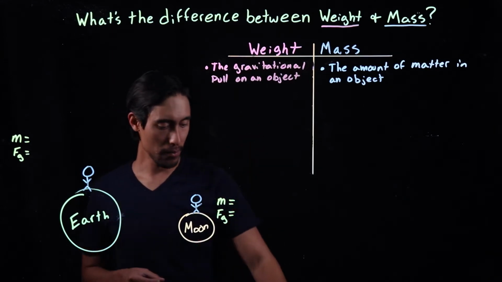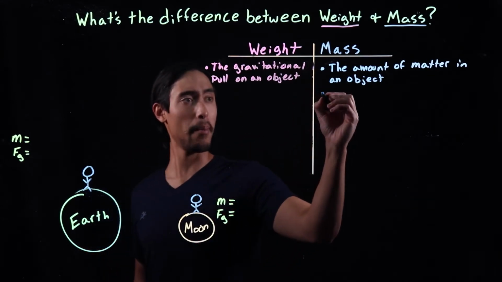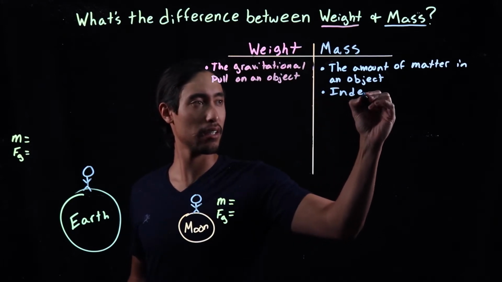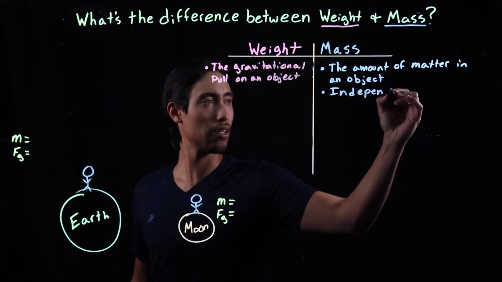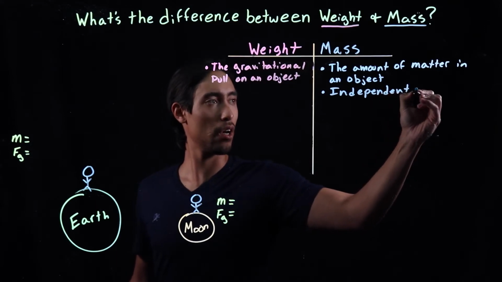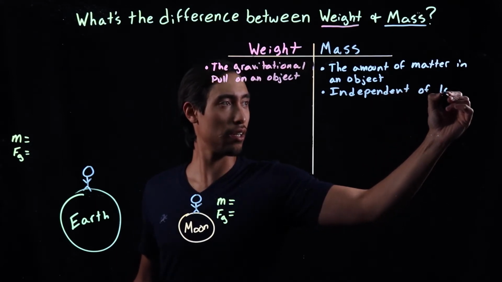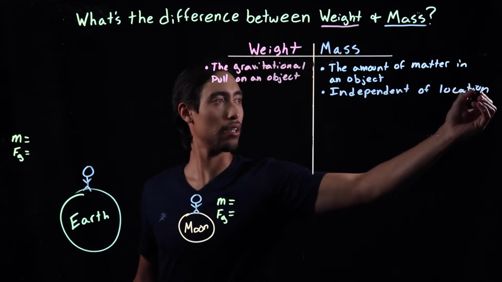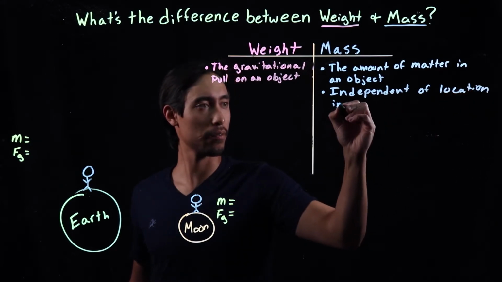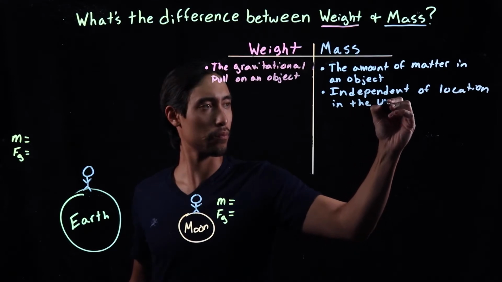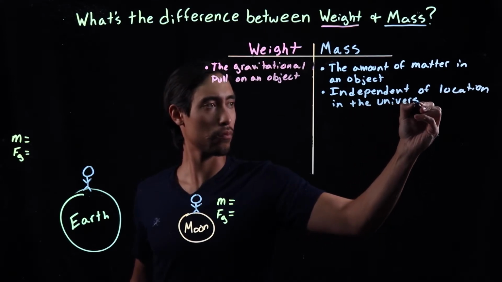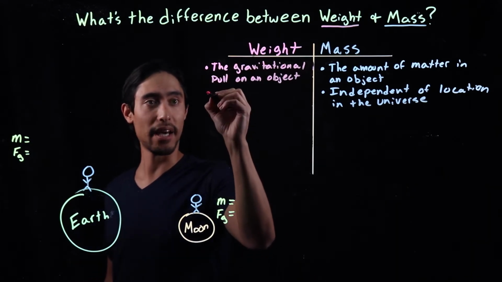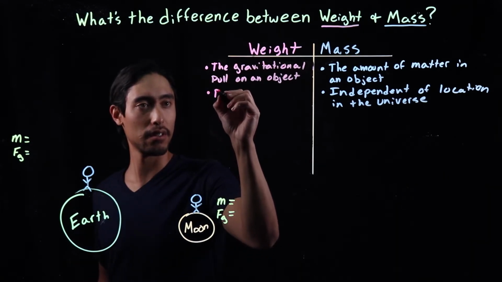Another difference is that mass is independent of location in the universe, whereas weight is dependent on location.